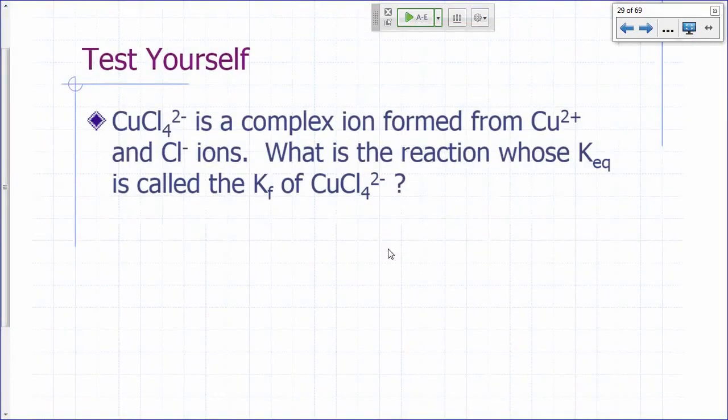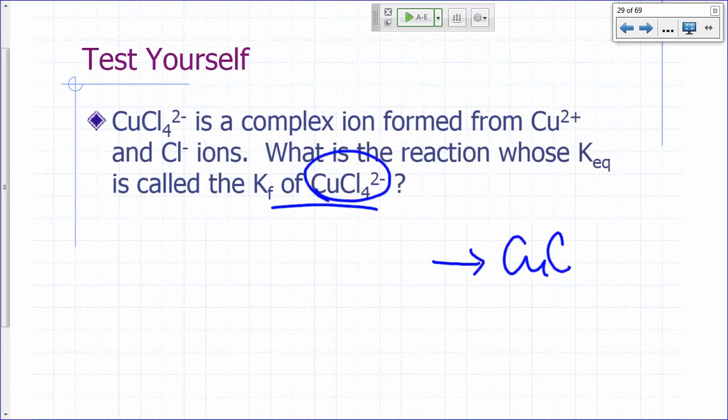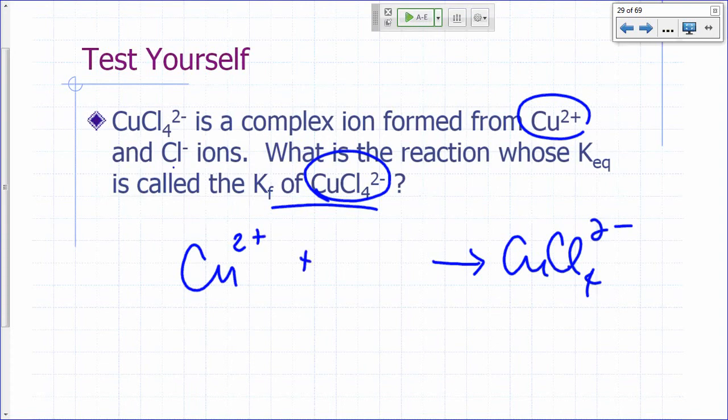CuCl4 2- is a complex ion formed from copper ions and chloride ions. The KEQ for the reaction is called the KF of CuCl4 2-. What kind of reaction are we talking about here? We're forming one CuCl4 with a 2- charge from the cation, which is copper, and chloride ions, your nucleophiles.